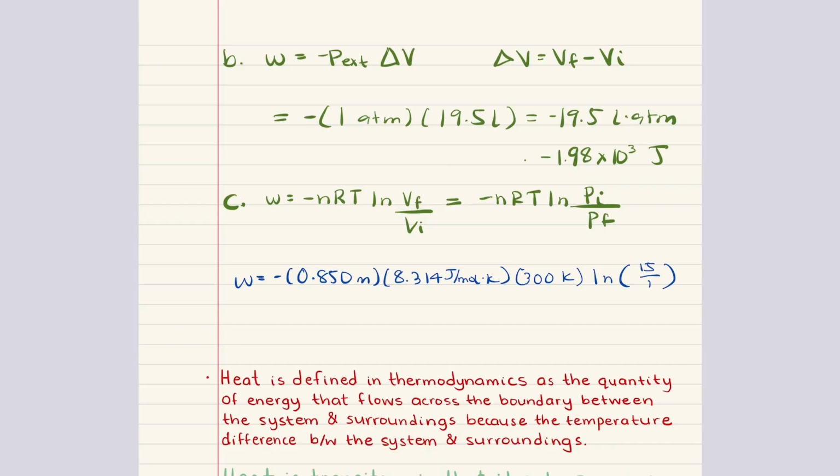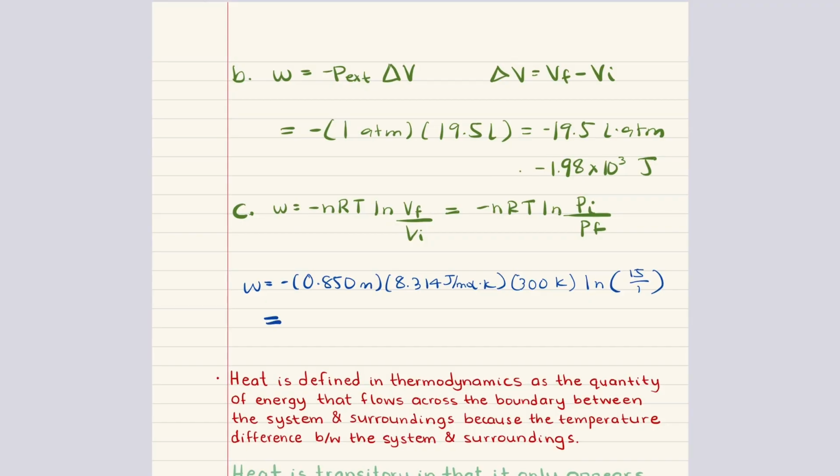0.850 times 8.314 times 300 multiplied by the natural log of 15. This evaluates to negative 5.74 times 10 to the 3 joules.